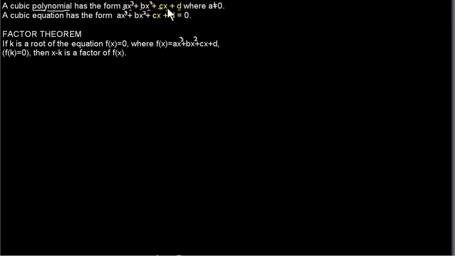We're using the letter X here. A cubic equation has the form ax cubed plus bx squared plus cx plus d equals 0. So we just put our cubic expression equal to 0 and we have a cubic equation. So the standard form is to have 0 on the right hand side when we're talking about cubic equations.